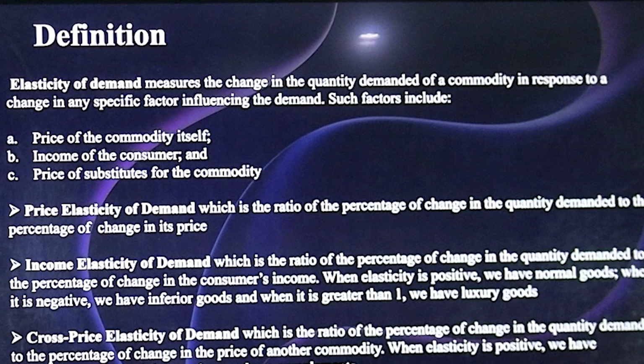Cross-price elasticity of demand, on the other hand, is the extent or degree of responsiveness of the quantity demanded of a given commodity to changes in price of another commodity.